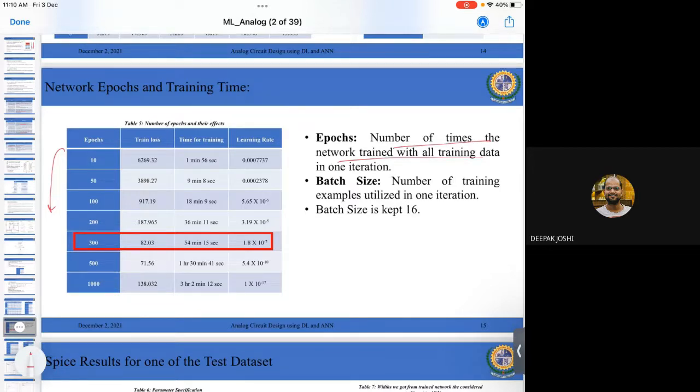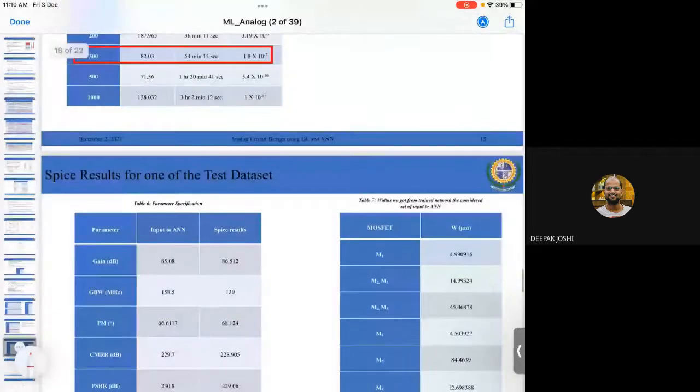Okay, if it is increasing, the setup becomes more complex and takes more time. And batch size is the number of training examples utilized in one iteration.